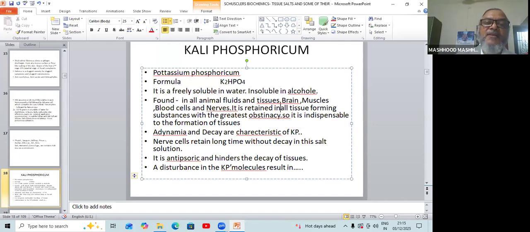This word is very important: tissue substances with the greatest obstinacy. For the formation of the tissues, this salt is very important. So it is an apt one for the building processes. Adynamia and decay are characteristics of Kali phos.